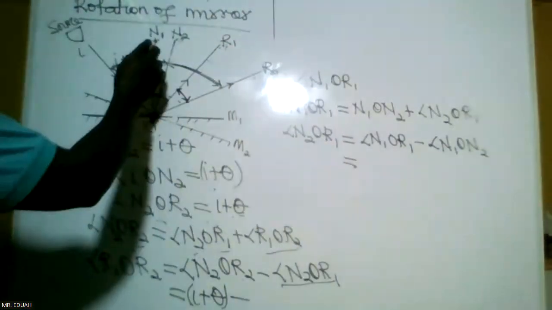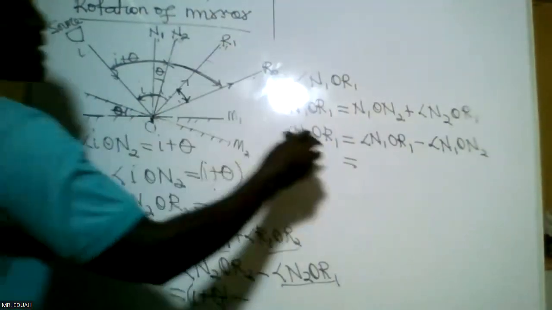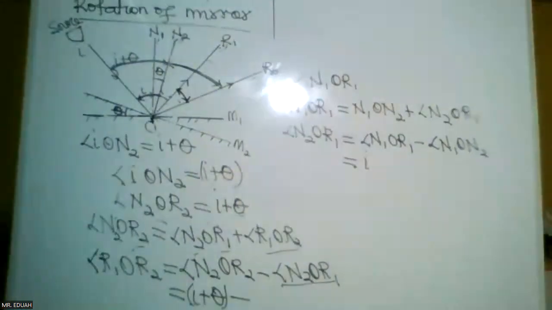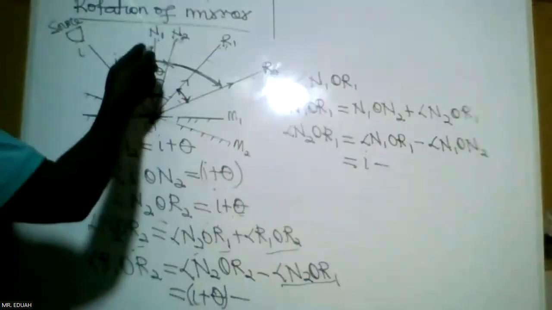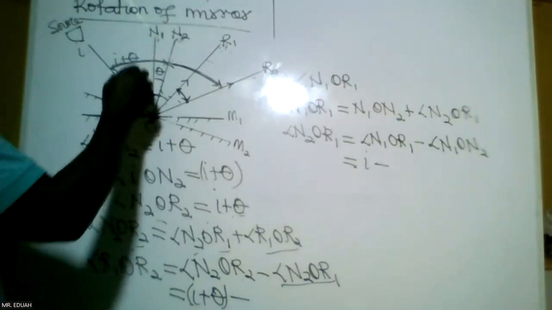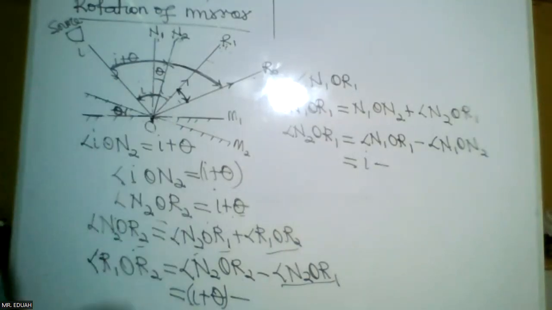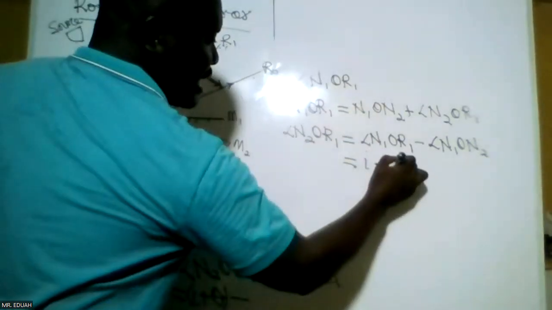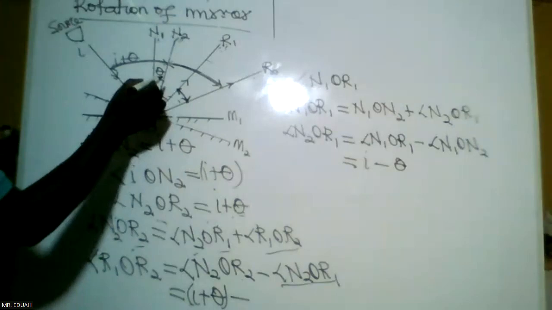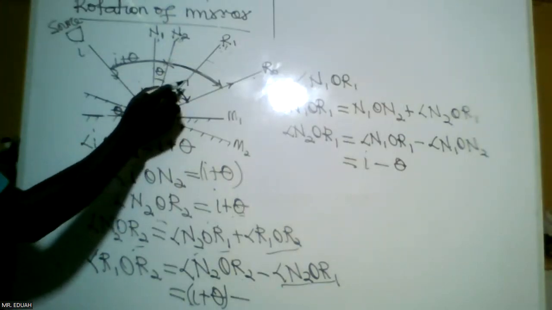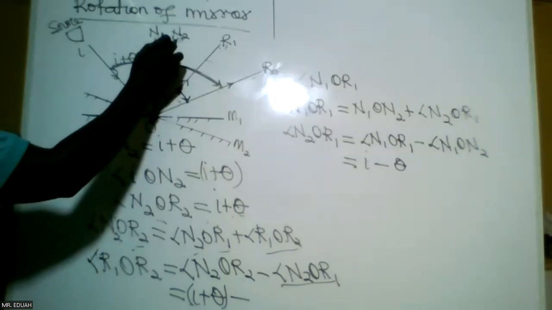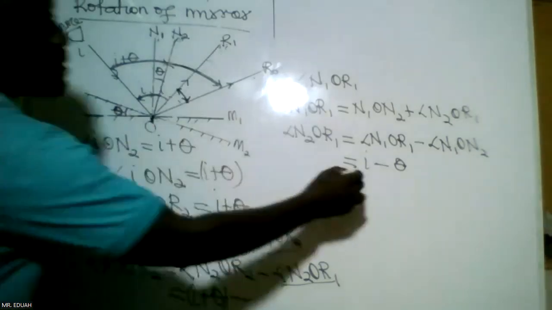We just saw that N1OR1 is i, minus N1ON2, which is theta. That's the angle between the two normals, theta. So it means that this small angle, angle N2OR1, is this.